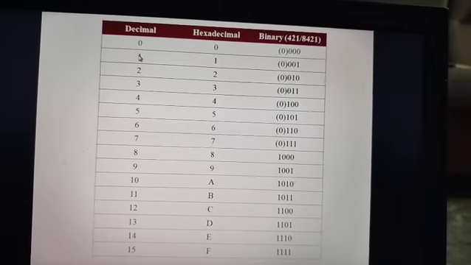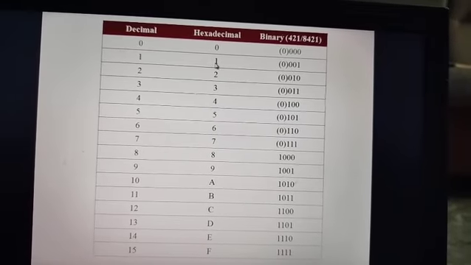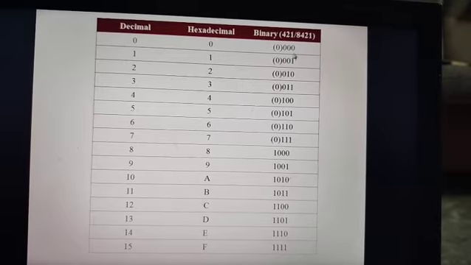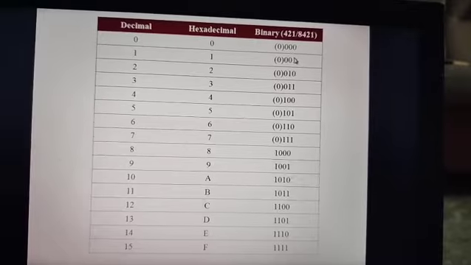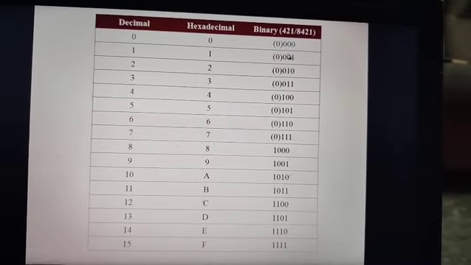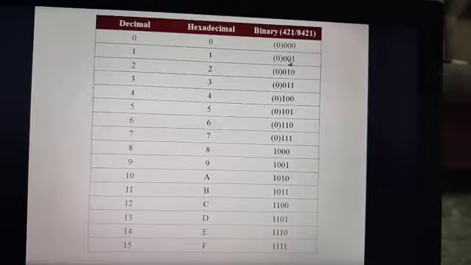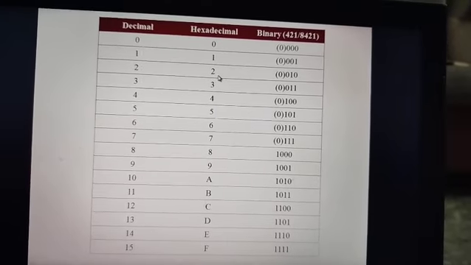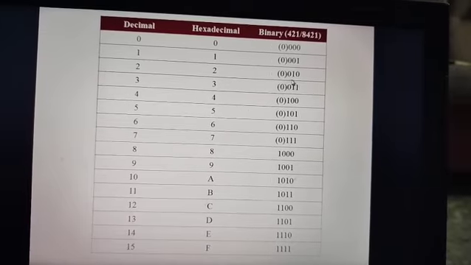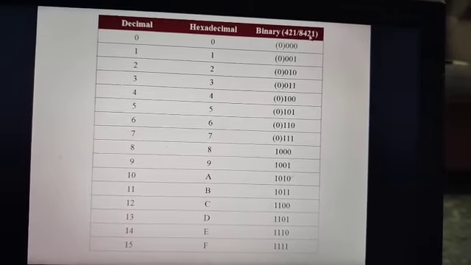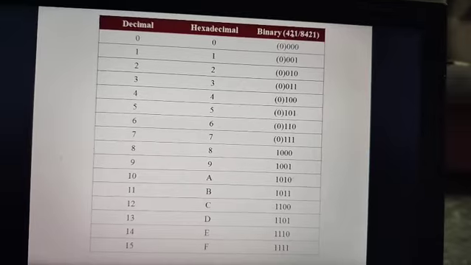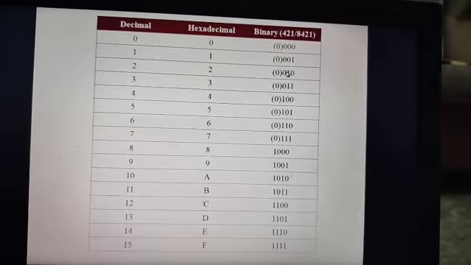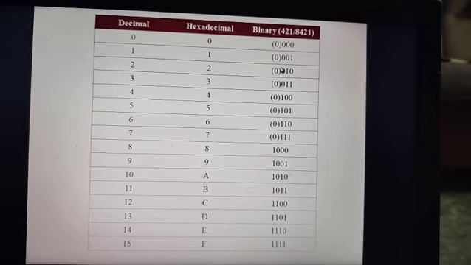Here the decimal number 1 and hexadecimal number 1. So in the place of 1, we have to put 1, and all other places will be occupied with 0. Here I have specified 2, and here hexadecimal 2. So in the second position, we have specified the value 1 and other places 0.